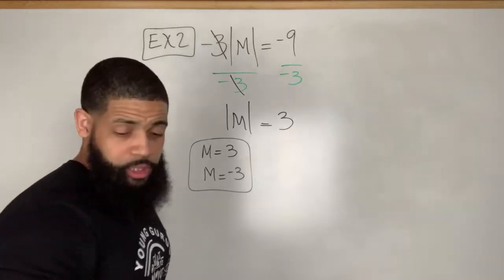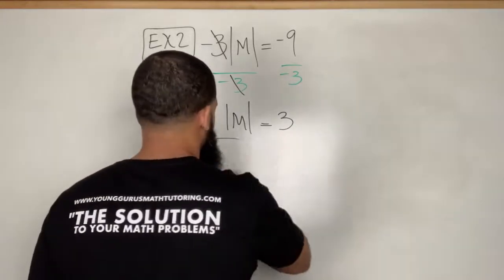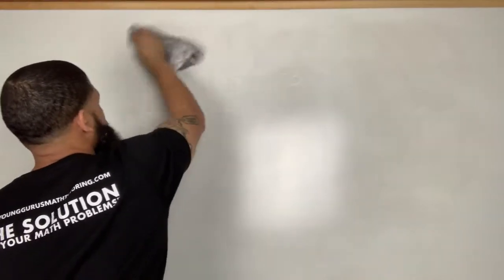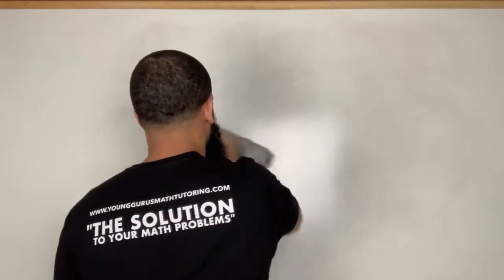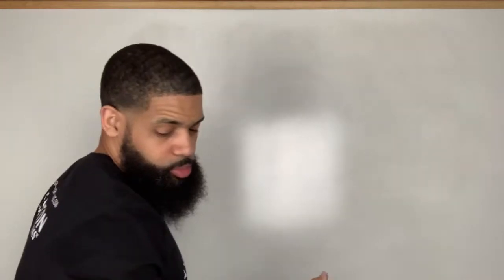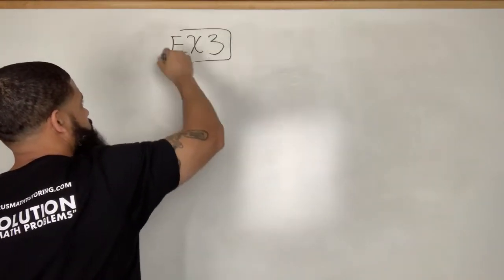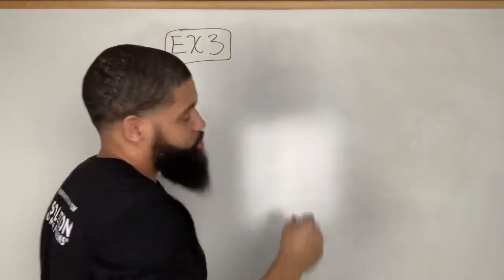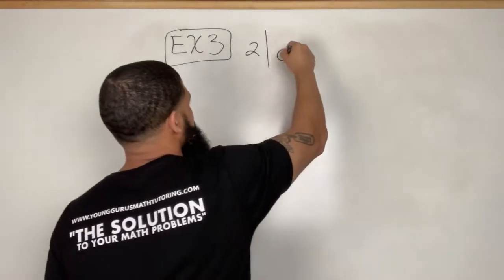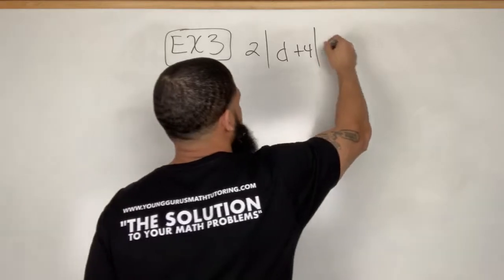Okay, let's look at example 3, or as I like to say, example tree. 2 times the absolute value of d plus 4 equals 8.